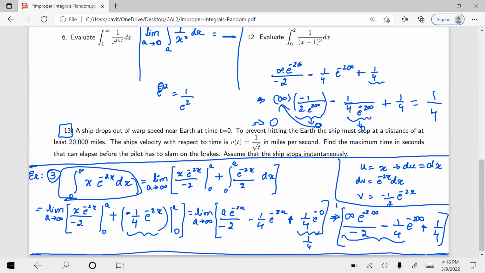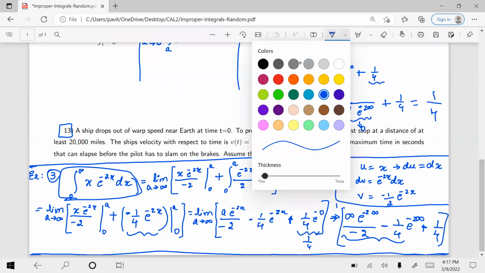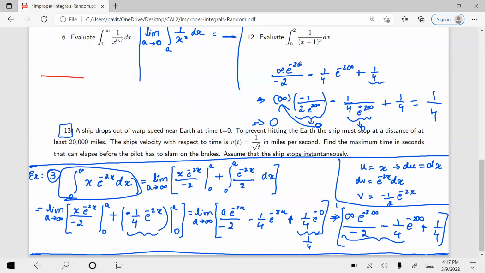Okay. I hope you have taken it down. Now, for the final problem, for the final question, this is for whatever I'm writing in red is for question number 13, the last problem. Okay, I will give you a hint.